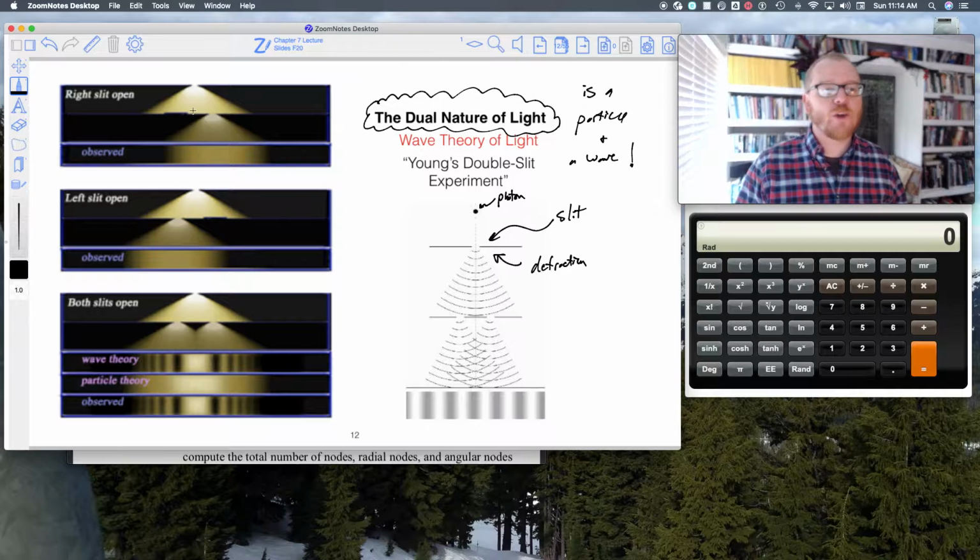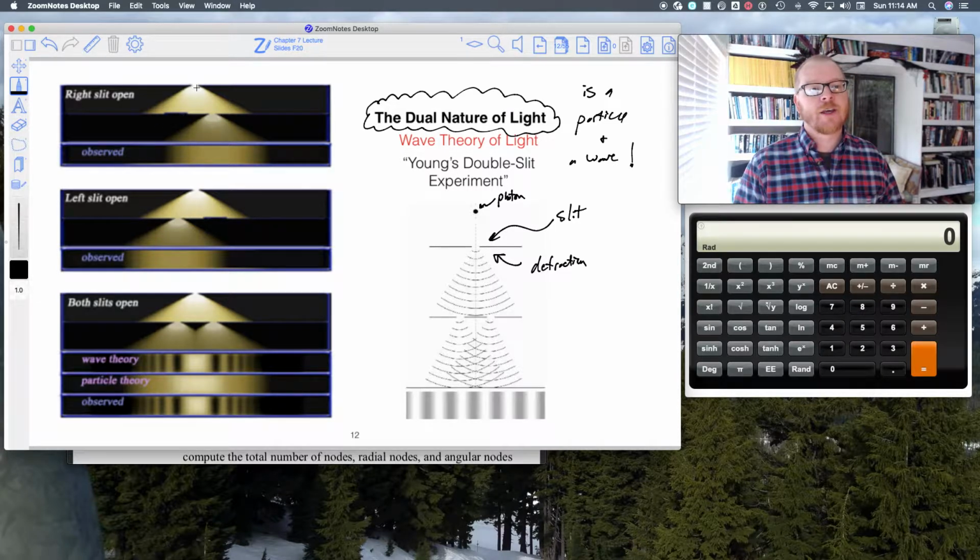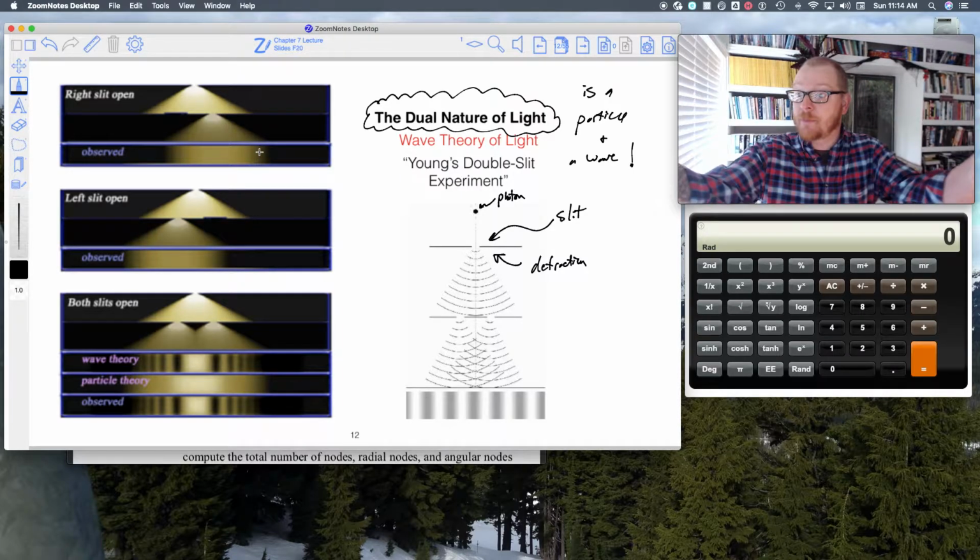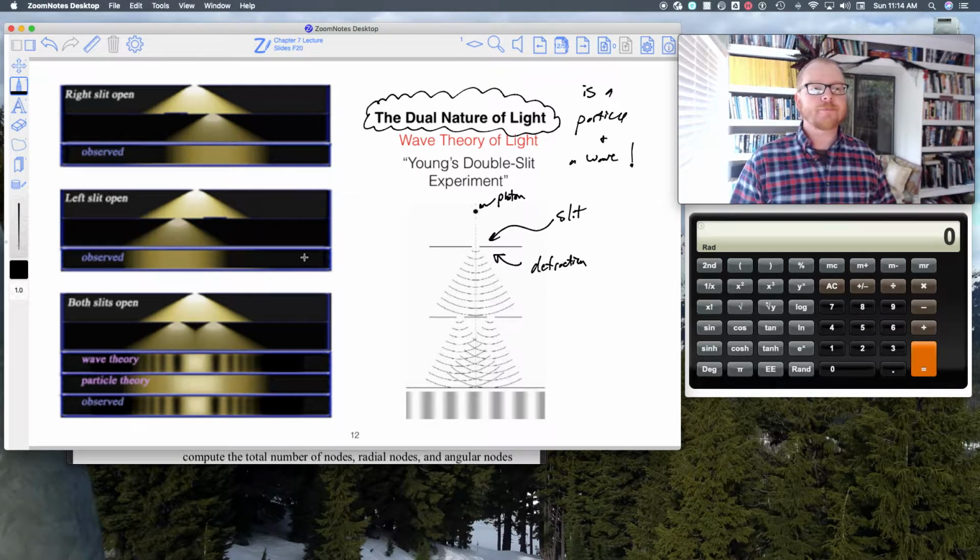So suppose we have a beam of light coming through, so we can see it diffracting. If we just had one slit open, we would just observe a whole spread out mess of light. If you have the right slit open, you get this. If you have the left slit open, you get the same thing.